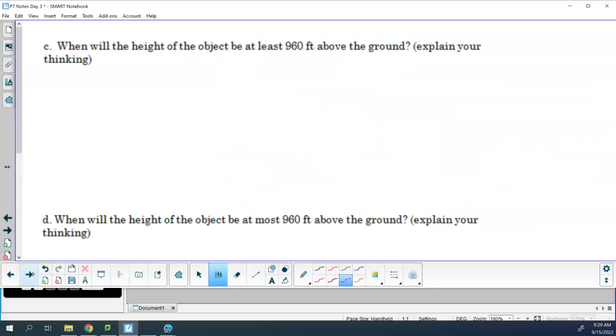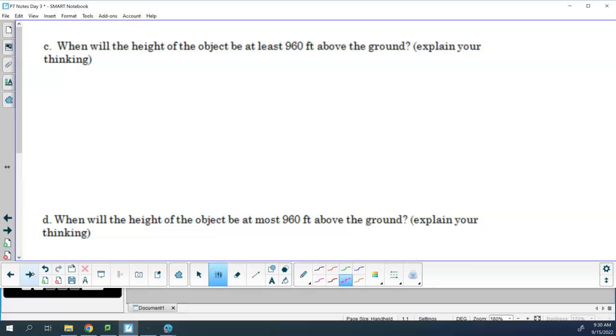So when will the height of that object be at least 960 feet? Why? Because it's at least. So now at least, is that going to be the equals inequality or the unequals inequality?